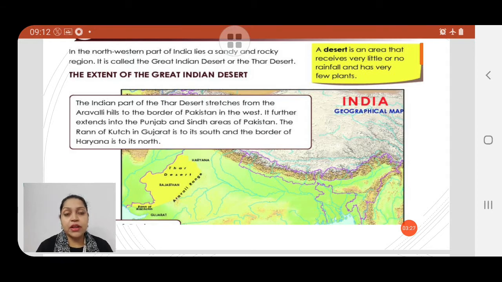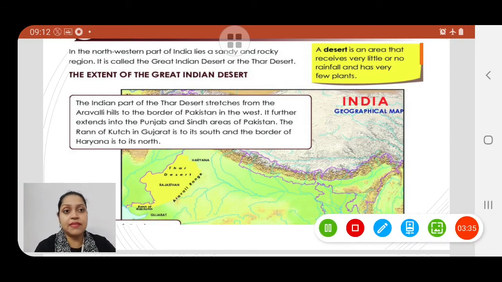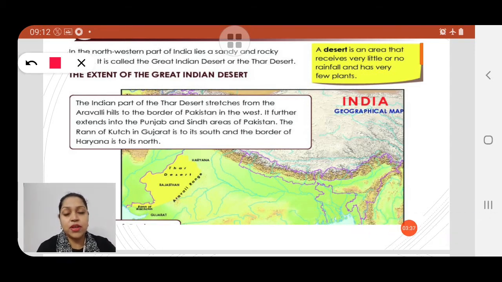It is called the Great Indian Desert or the Thar Desert. So you can see here in the map of India, towards the northwestern part lies a sandy and rocky area, just like the picture of the desert I showed you. And what is that area called? It is called the Great Indian Desert or the Thar Desert.